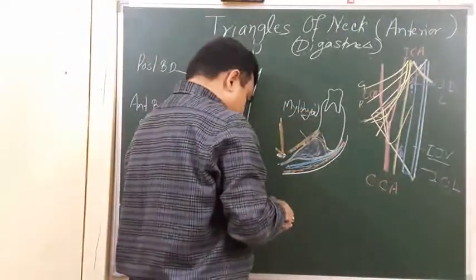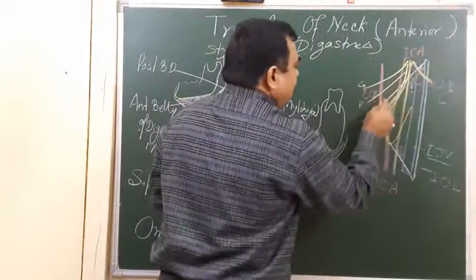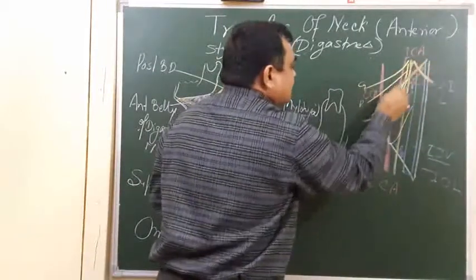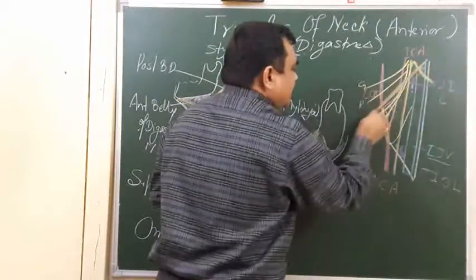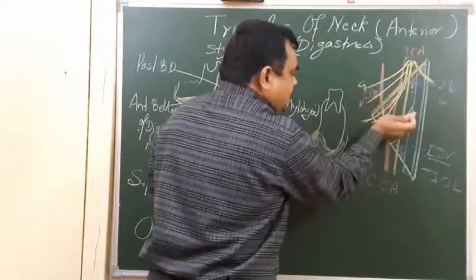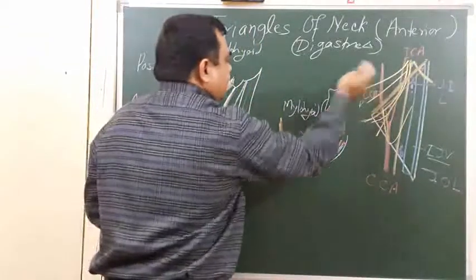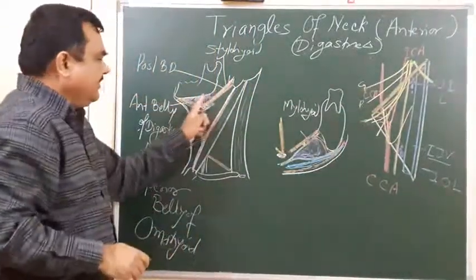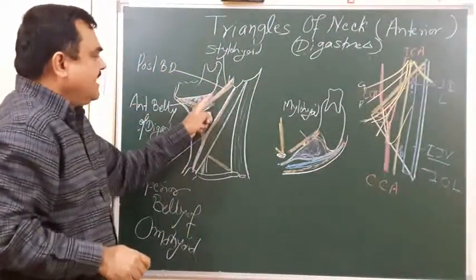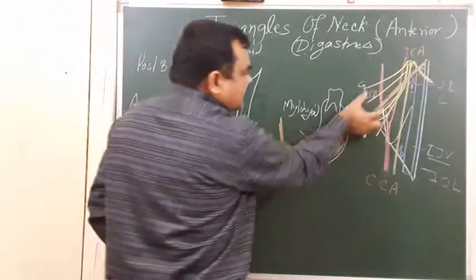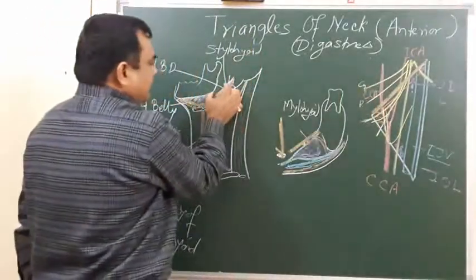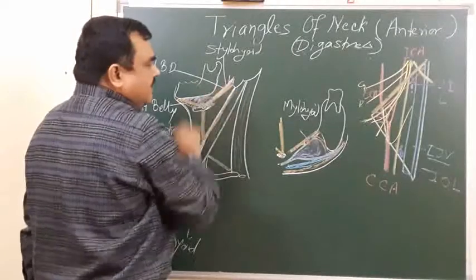So this is the boundary. Below this is the carotid triangle. Above this is the posterior part of the digastric triangle. So these contents are present here in this posterior part of the triangle.